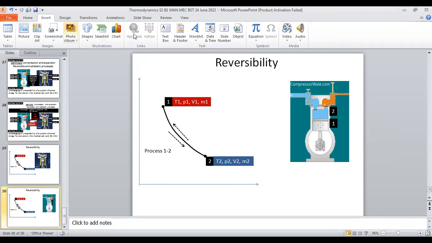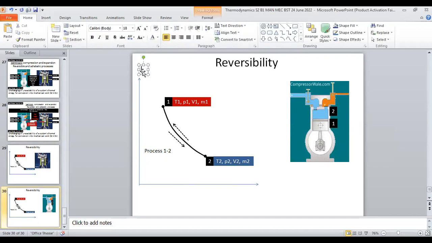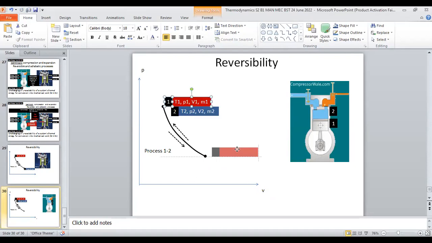If you think of the pressure scale and the volume scale, pressure axis and volume axis as two parameters, you can see for this case 2 is something like here, 1 is something like here.